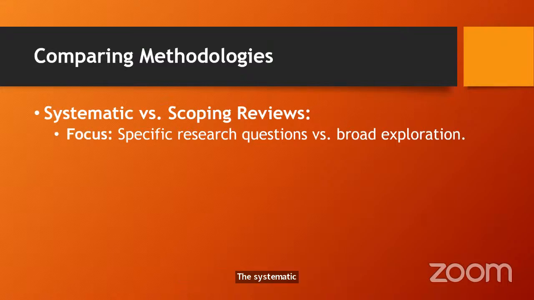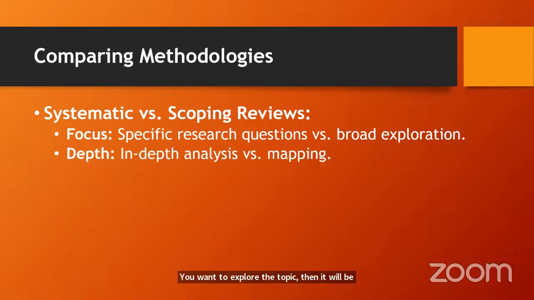If you want to focus on a specific research question, then it will be the systematic review. If you want to do a broad exploration, like you want to map out the key concepts, you want to explore the broad topic, then it will be the scoping review.